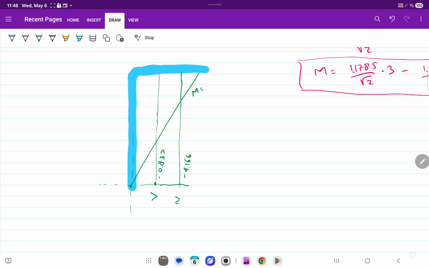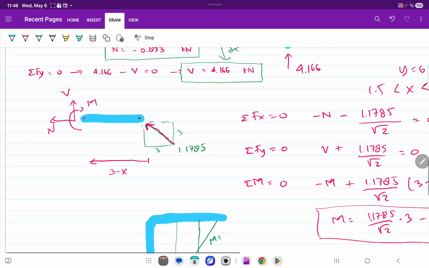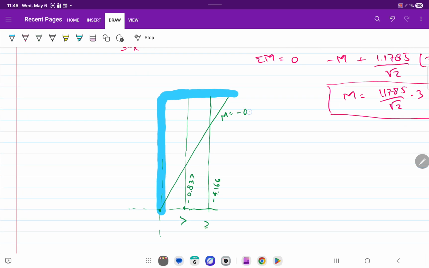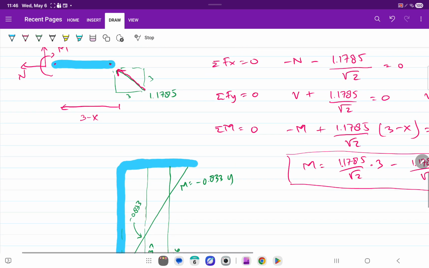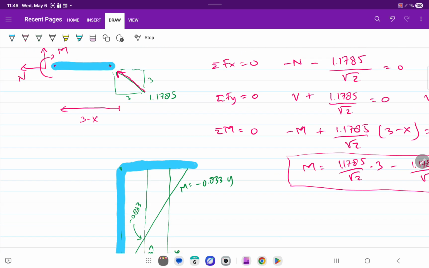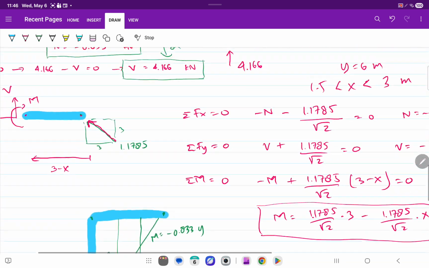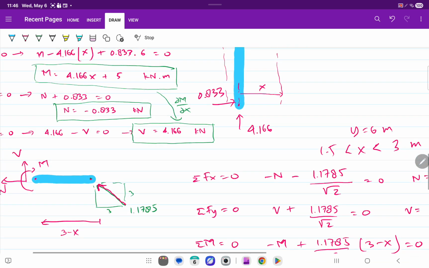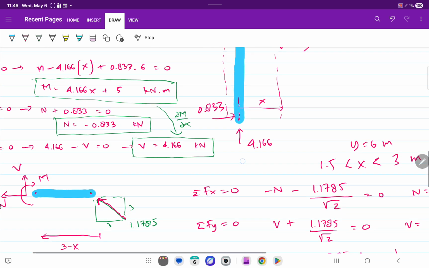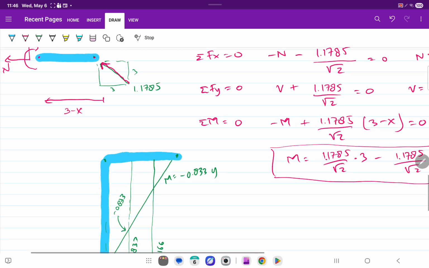Moment is minus 0.833y. So this slope is minus 0.833. Okay, that's for the first one. And then from here to here, you take the second part. V is positive.